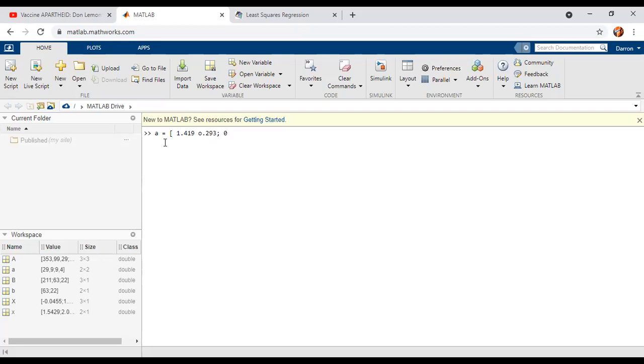Zero point two nine three. And then b is equal to negative 0.524.